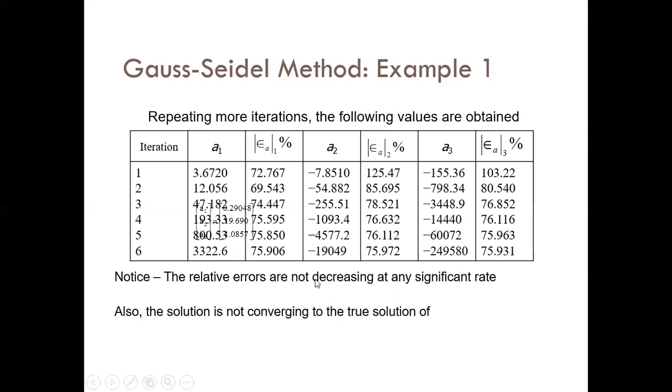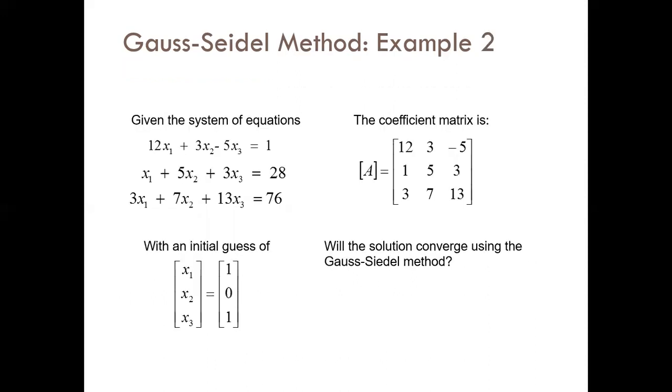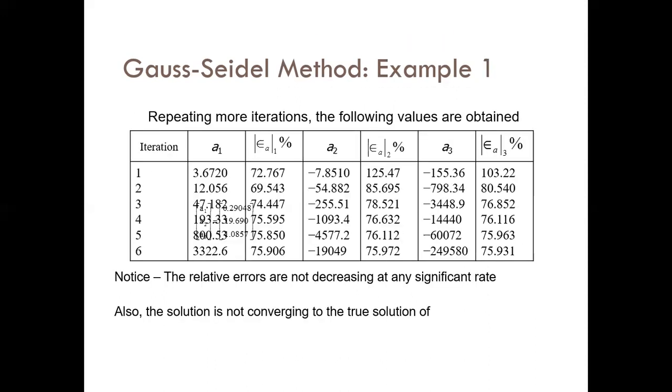The relative errors are not decreasing. It means the solution is not converging to the true solution of the equation. Means the initial guesses are wrong in that method.